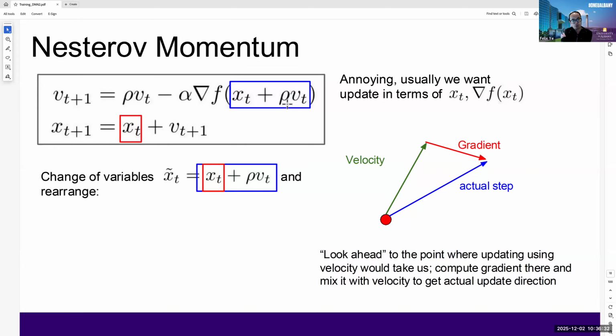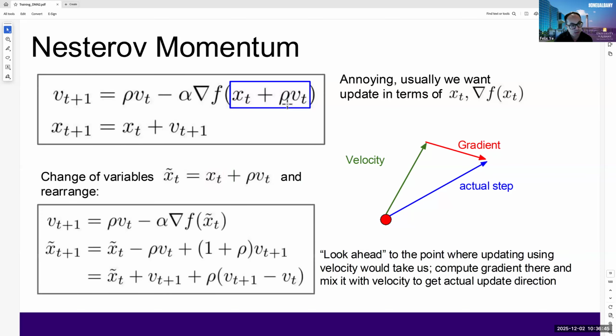So what we usually do here is change the variables, with x2 defined as xt plus rho vt. Then we rearrange the terms. Following this definition, this thing right here will be substituted by x2t, and right here we have x2 t plus 1 and x2.